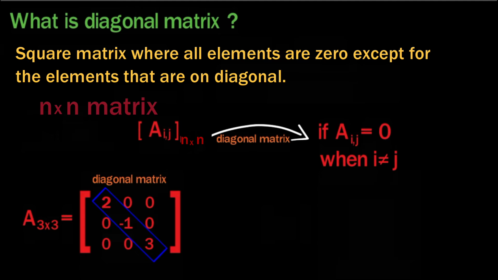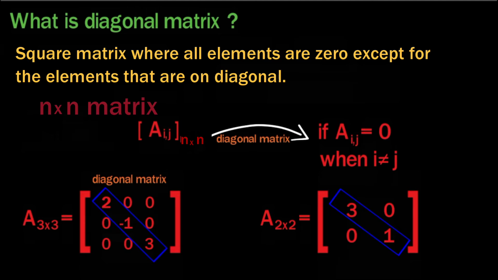Outside the diagonal, all the elements are 0. Here is another example. Let's say we have a 2 by 2 matrix, 3, 1 on the diagonal and 0 elsewhere. Outside of the diagonal, the elements are 0. So this is called a diagonal matrix.